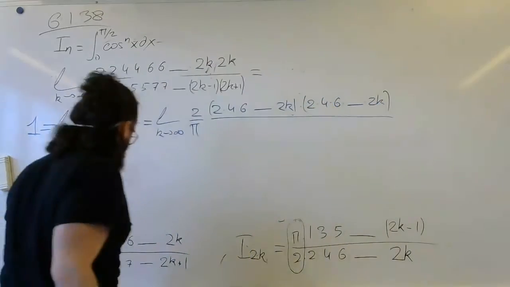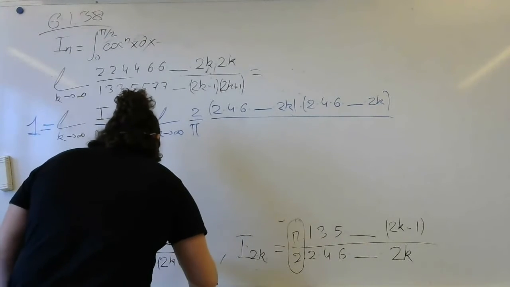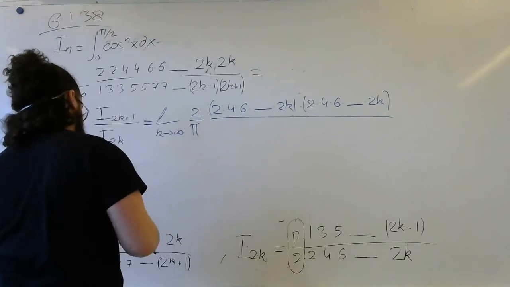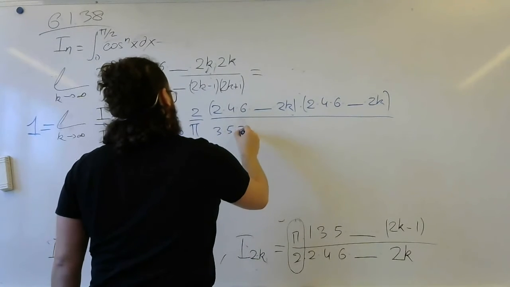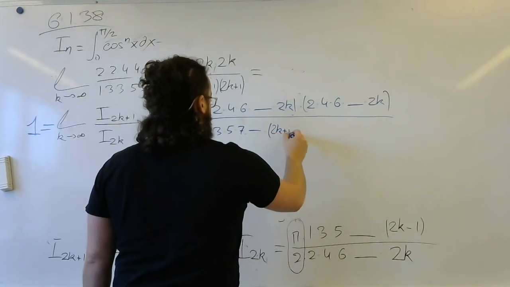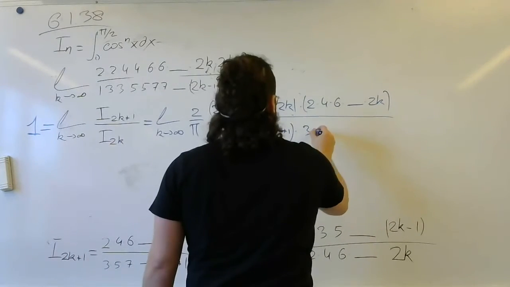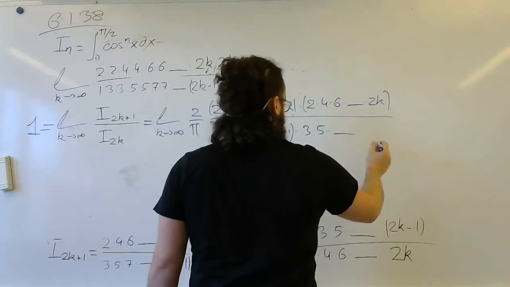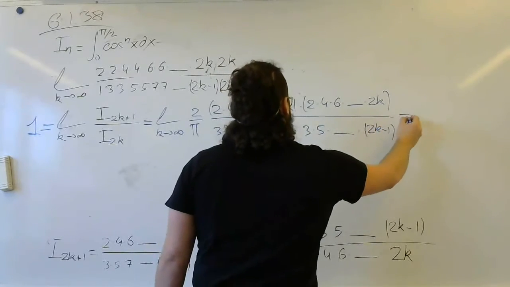And dividing, we will have 3, 5, 7 up to 2k plus 1 times 3, 5 all the way up to 2k minus 1.